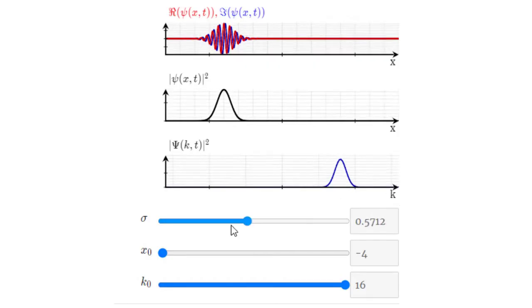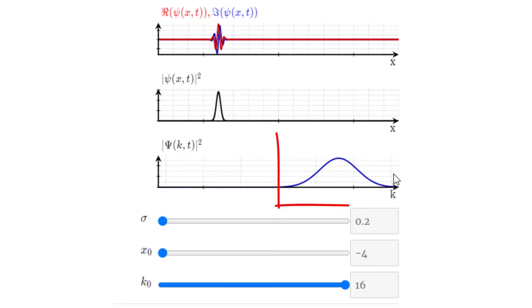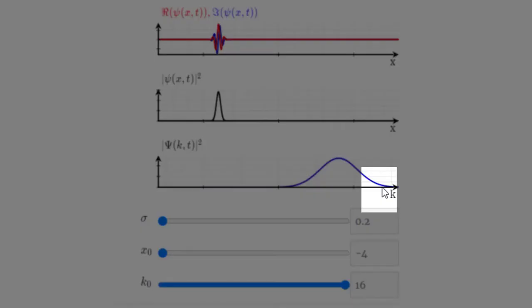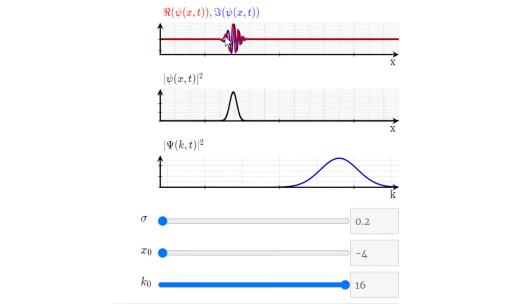Let's reduce the width in space, which means we broaden out in terms of spatial frequency. Which means now you can see we've got these much higher spatial frequencies, and remember, the kinetic energy goes as the square of the wave number. So this is going to disperse much more quickly.